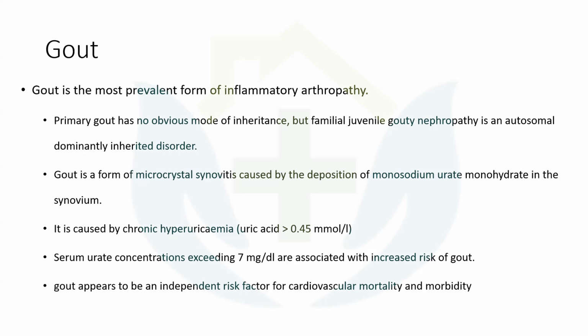If it is more than 7, the chance of deposition in the synovial tissue and of acute gouty arthritis is higher. Uric acid is also a risk factor for cardiovascular mortality and morbidity. Those who have ischemic heart disease have a greater chance when the uric acid is higher. Next.